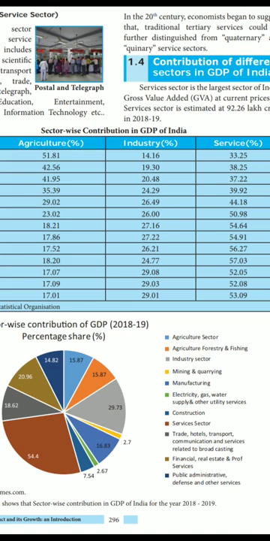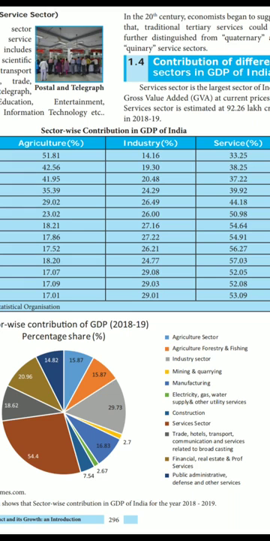There, how many percentage? 15.87 percentage. Okay, both same only. Industry sector, how much percentage? 29.73 percentage. Mining and quarrying, 2.7 percentage only. Next, manufacturing sector, that is 16.83 percentage.